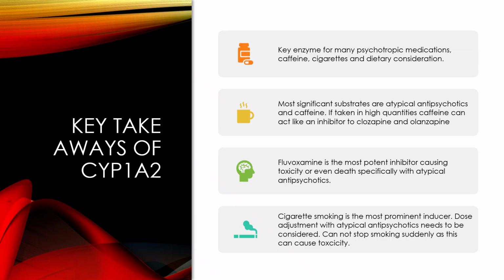Fluvoxamine is the most potent inhibitor, causing toxicity or even death, specifically with atypical antipsychotics like clozapine and olanzapine mentioned above. Cigarette smoking is the most prominent inducer. Dose adjustment with atypical antipsychotics needs to be considered, and you cannot stop smoking suddenly, as this can cause toxicity.